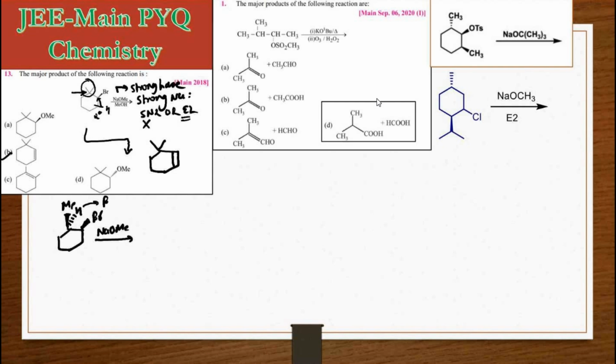Hence you can remove this hydrogen to get the more substituted alkene, which is the Saytzeff product. So you will have this as a major product and this will be the minor product, which is Hofmann.